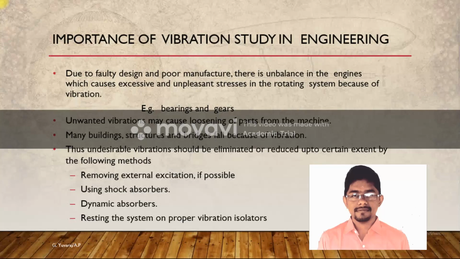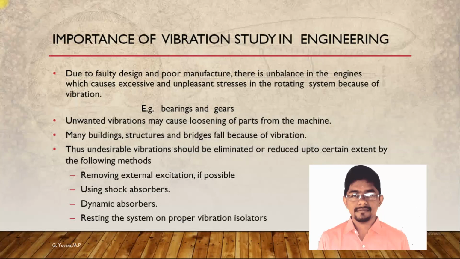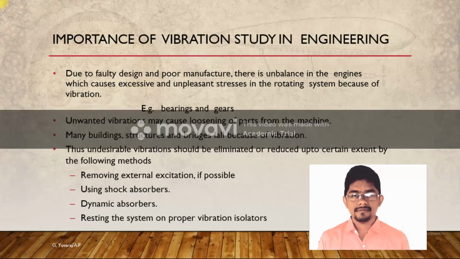Hence, if we design a component, we need to consider the vibratory aspects. As a mechanical engineer, if you are going to design any IC engine components or any machinery equipment, we need to consider those factors.